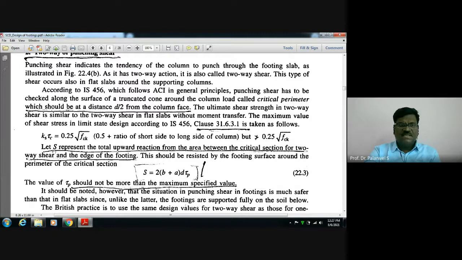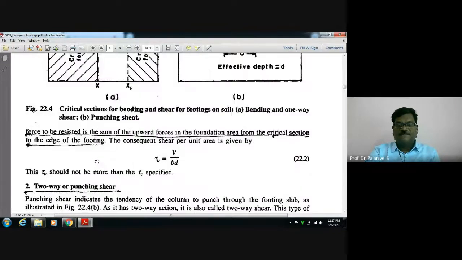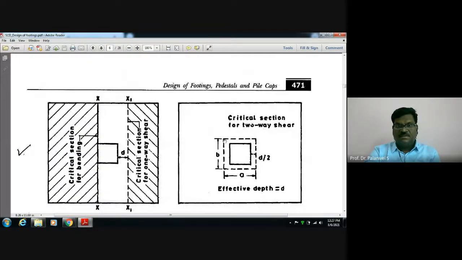Next, let S represent the total upward reaction from the area between the critical section for two-way shear and the edge of the footing. That is S. It means, here, the area between the critical section, the dotted line, and this edge of the footing.